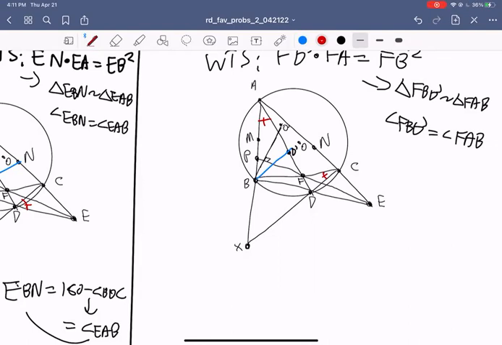Now, we can note that, again, B is the midpoint of AX, and D prime is the midpoint of AD. So BD prime is the midline of triangle XAD. So BD prime is parallel to XD, which means that this angle is equal to this angle. And therefore we have our desired result. So F is also on the radical axis.